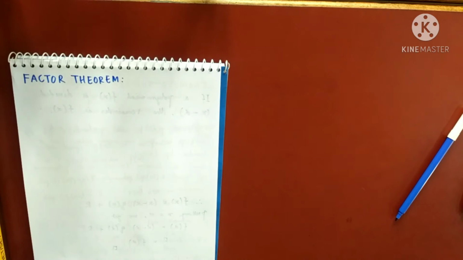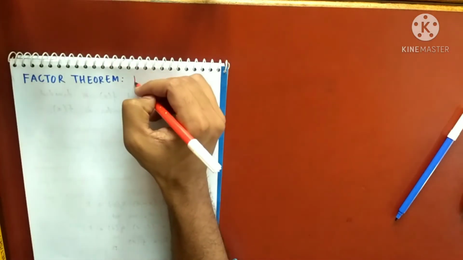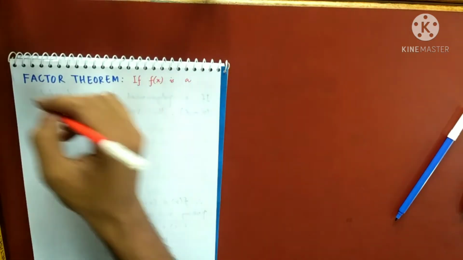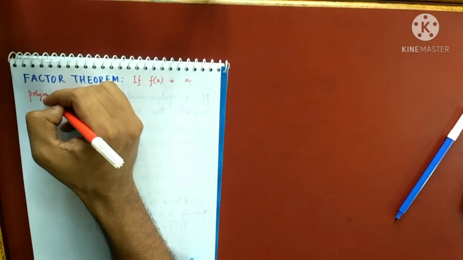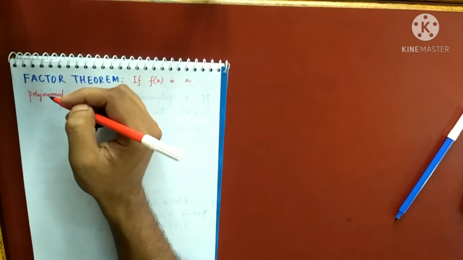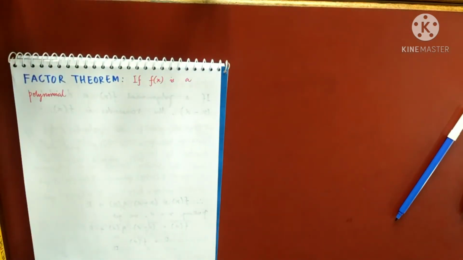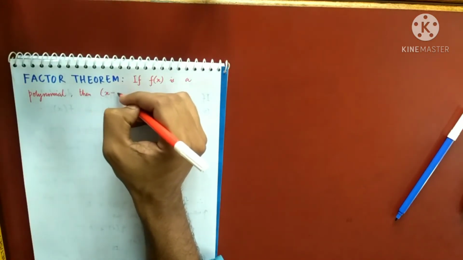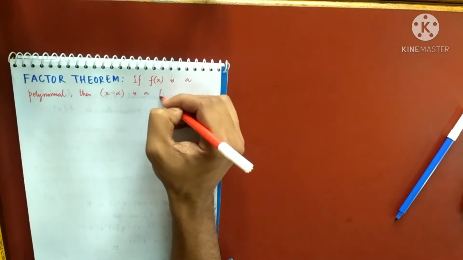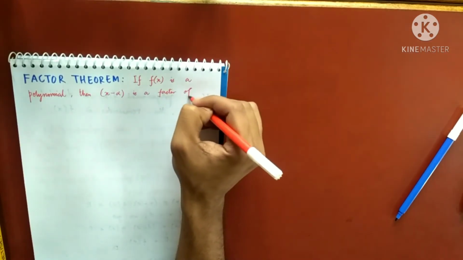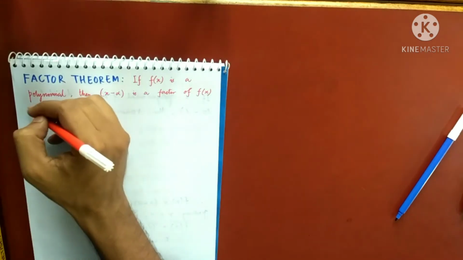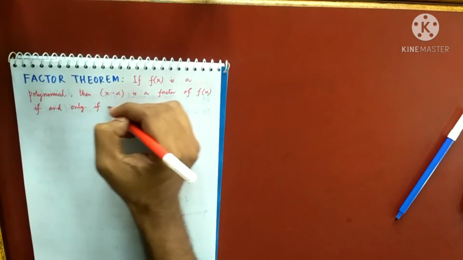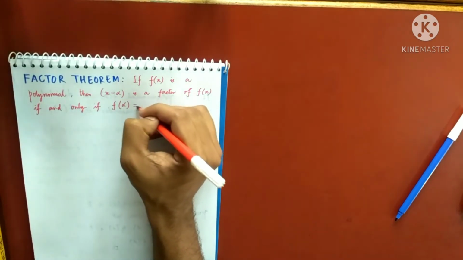So the factor theorem is stated like this: if f(x) is a polynomial, then x minus alpha is a factor of f(x) if and only if f of alpha equals 0.